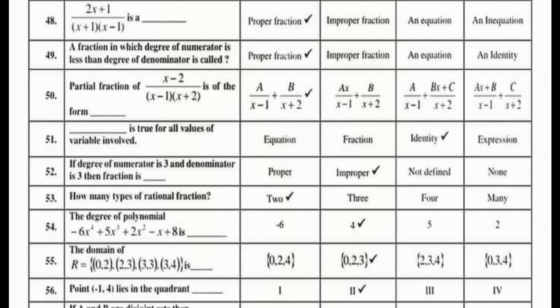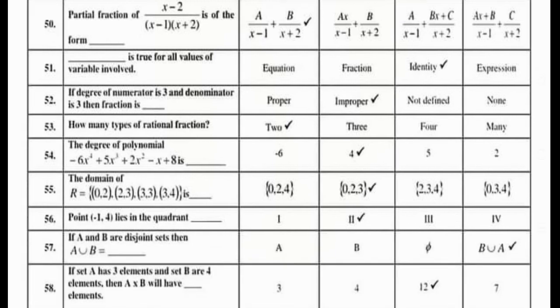If the degree of numerator is 3 and denominator is 3, then the fraction is improper. How many types of rational fraction? 2. The degree of polynomial minus 6x to the power 4 plus 5x cube plus 2x square minus x plus 8 is 4. The domain of R is 0, 2 and 3.